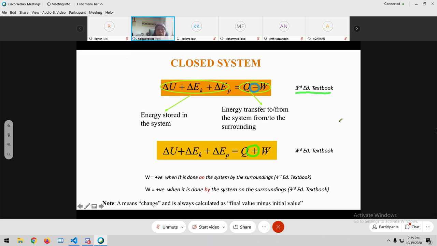Now let's have a look at the equation. If you have a closed system, you have delta internal energy, kinetic energy, potential energy, heat, and work. Remember, if this is your system, anything that goes in is positive. If Q is going in, it is positive.